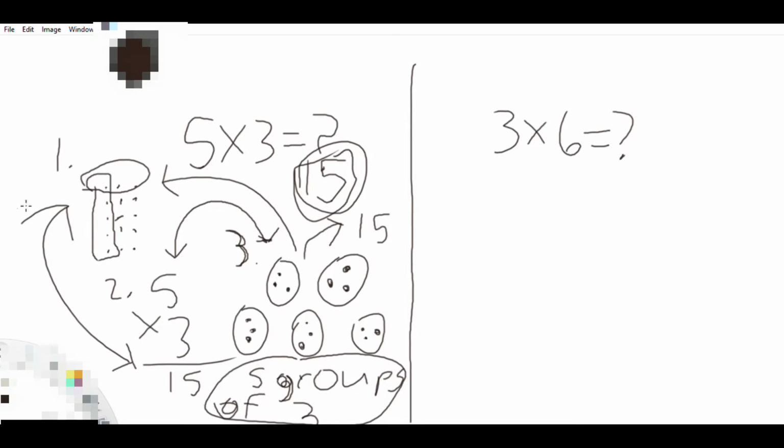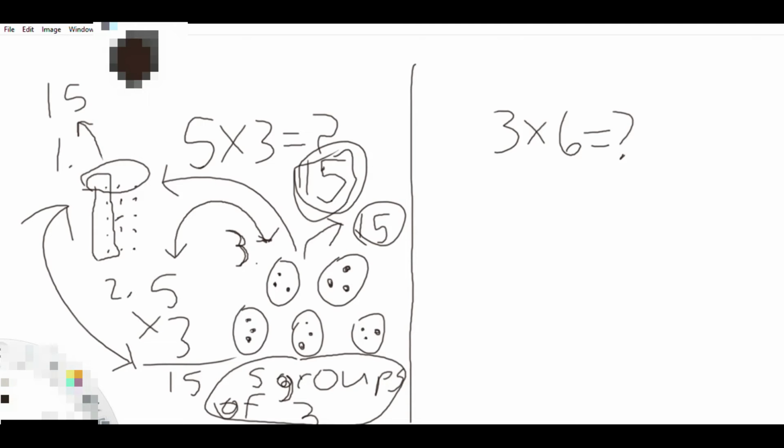This results in 15, and this results in 15, as I wrote here. So now let's go to the next problem.